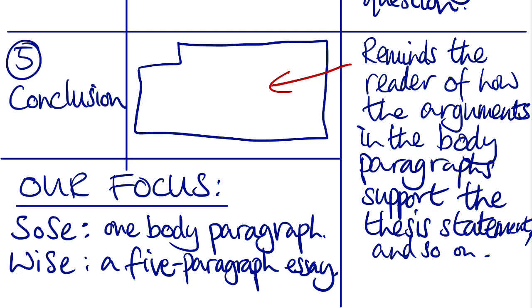Remember, 1 argument per body paragraph, okay? So you remind the reader of those arguments and also how you supported them. And then you help the reader understand clearly that your 3 main arguments do indeed support your thesis statement.